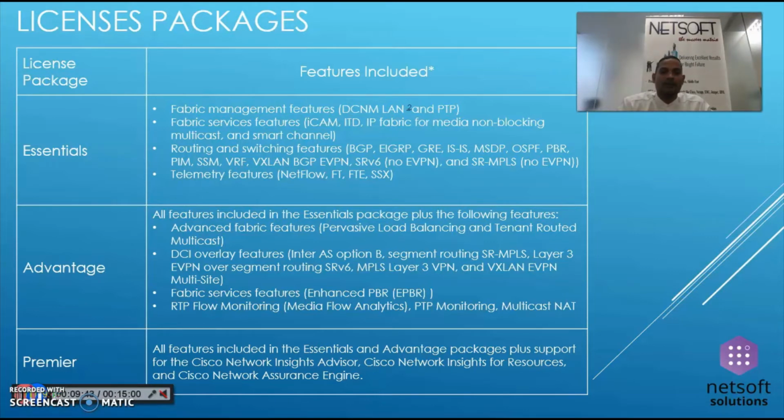The fabric service features include ICAM, ITD, and IP fabric for multimedia non-blocking multicast. The routing and switching features are things like different layer 3 protocol support, that is BGP, IGRP, GRE, PIM, SSM, VXLAN, and different other protocols also.